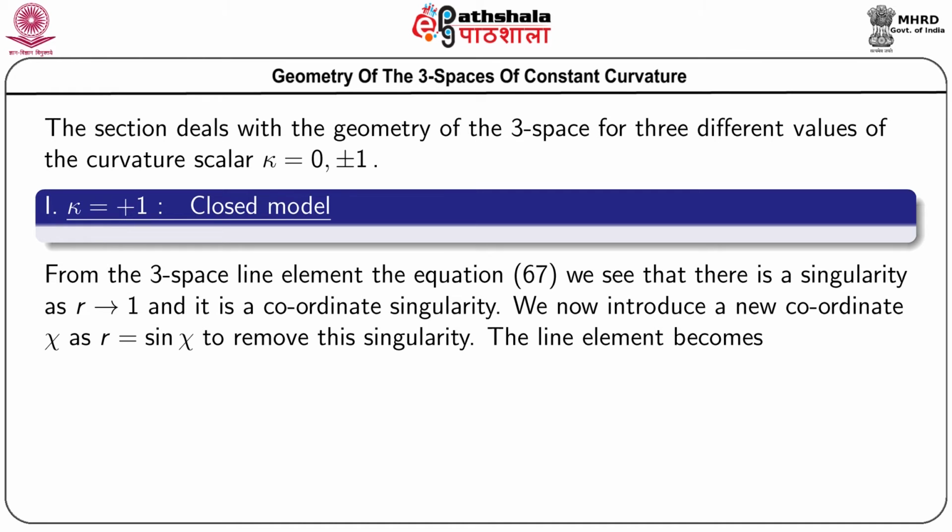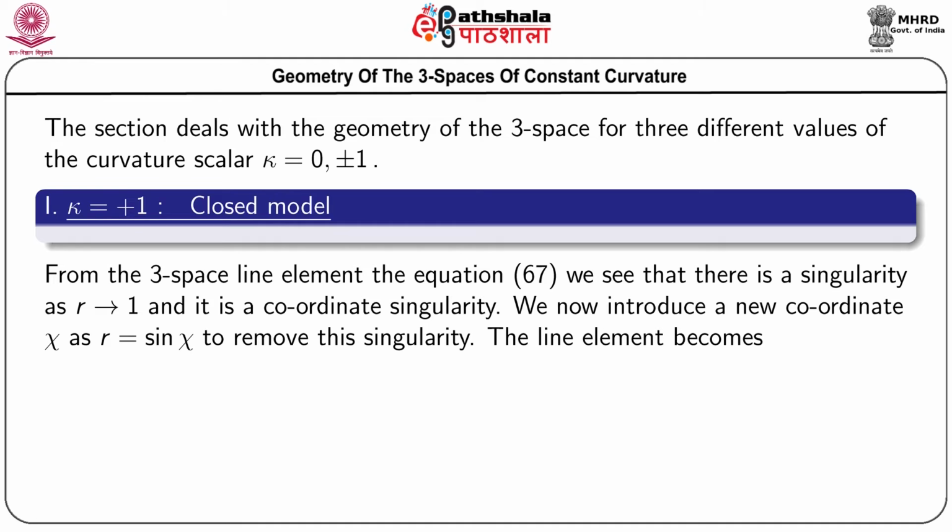From the three space line element of the previous equation, we see that there is a singularity as r tends to 1, and it is a coordinate singularity. So, for κ equal to plus 1, this singularity appears.